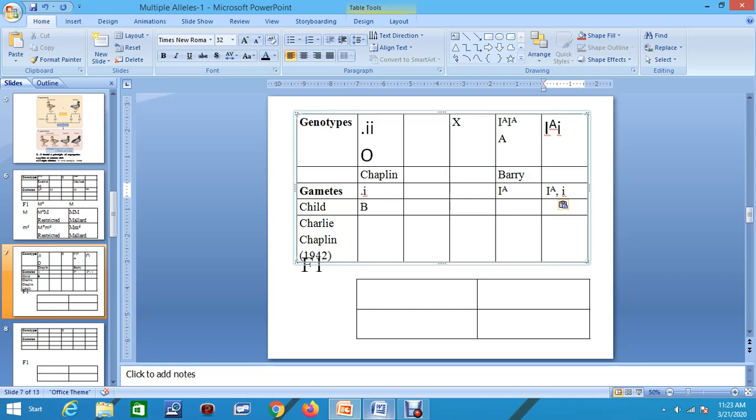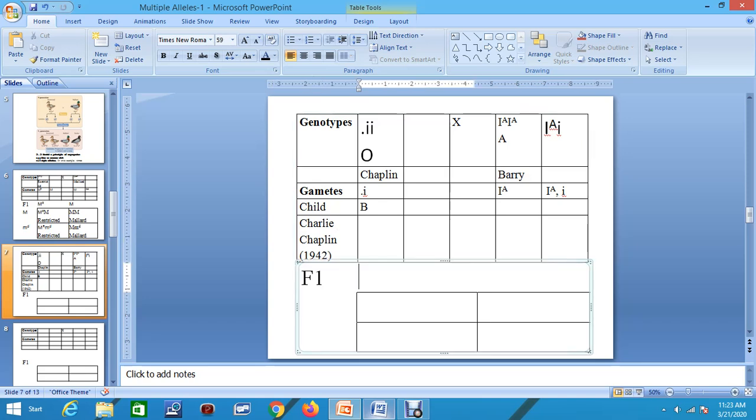Now for Chaplin, it is confirmed that he had only one type of genotype for blood group O, and for Barry, if she is homozygous, then only one type of gametes is possible, capital I and capital A. So here she will have this kind of combination in all the cases, meaning only A blood group will be produced.